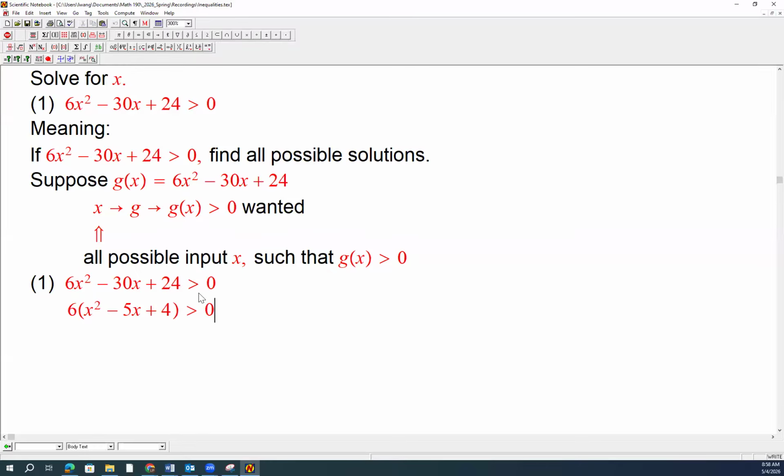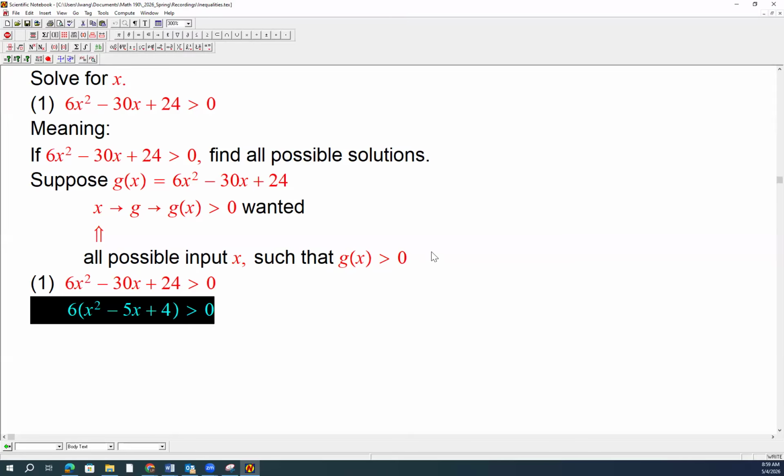And we want it to be positive. So 6 times something positive, and 6 is a positive number. If we divide both sides by 6, we can get rid of the 6. Do we have to get rid of the 6? No, we don't have to, but it would make it easier.